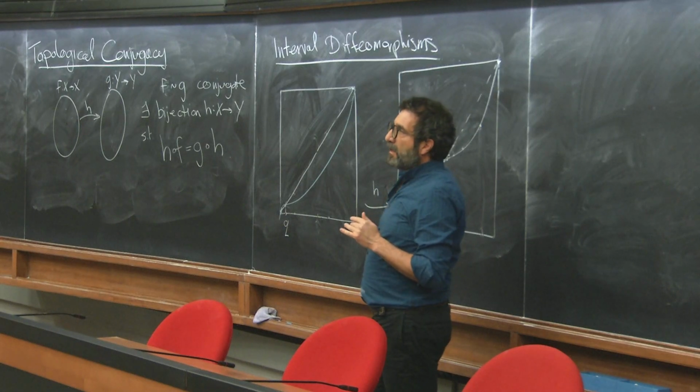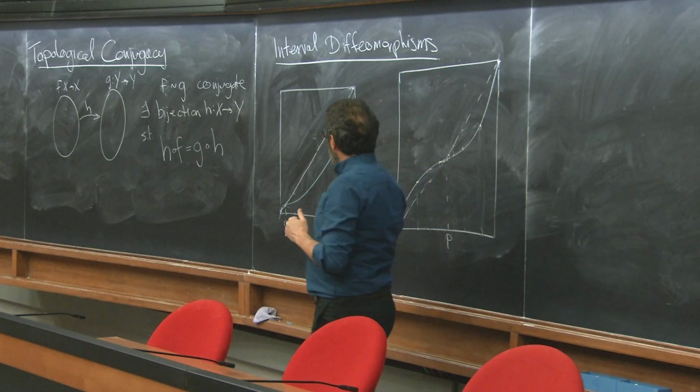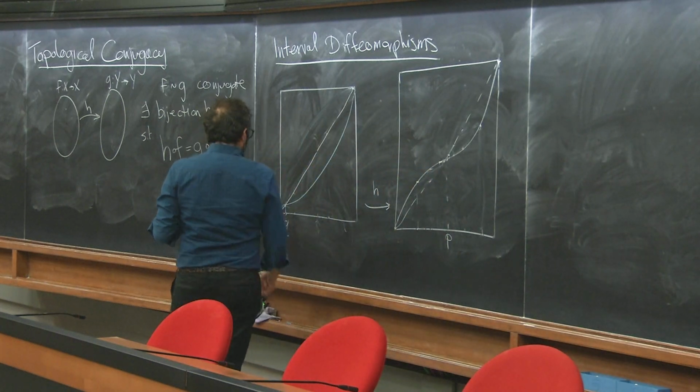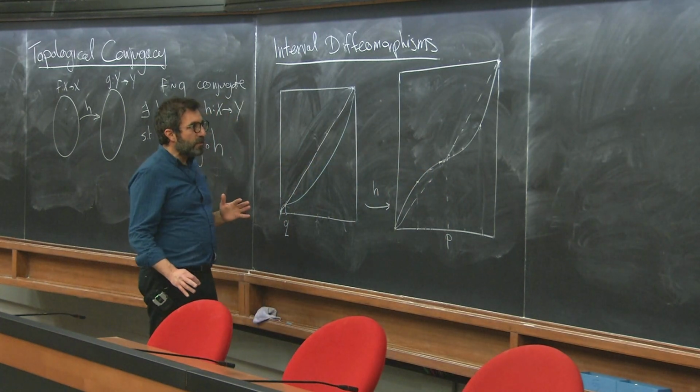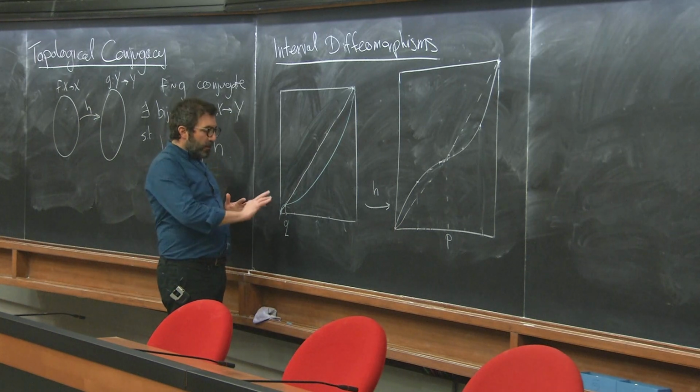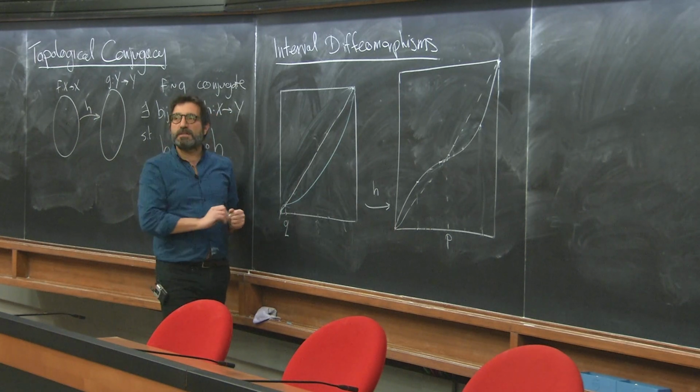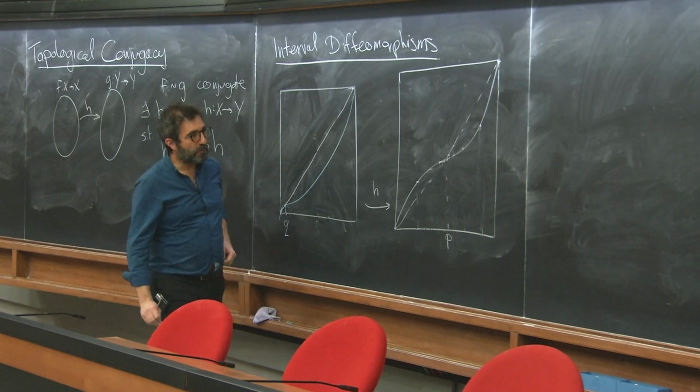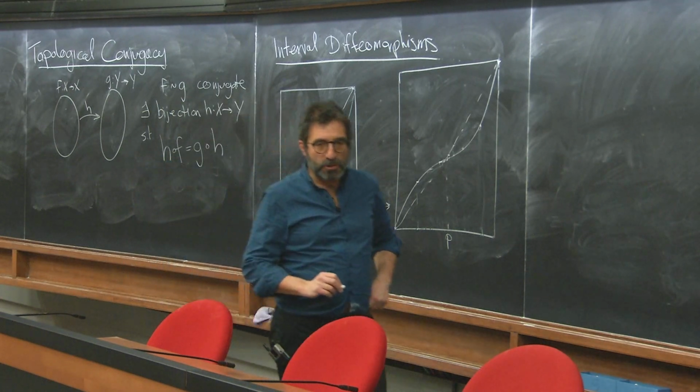It's very restrictive. A C1 conjugacy means that there's a lot of rigidity, especially at the fixed point. But that was just an observation.